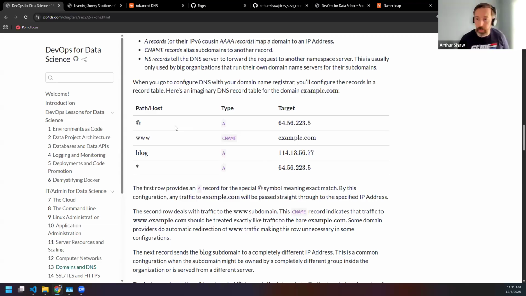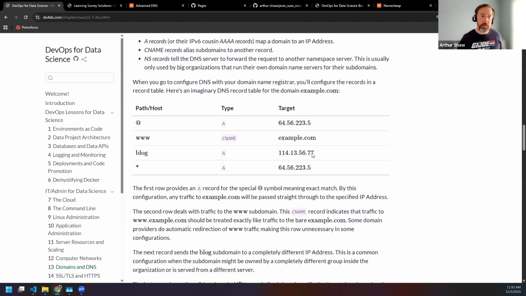So the way I thought I understood this, Diana, maybe I misunderstood, is that you have example.com, and if people come in just on example.com or www.example.com, they'll go to this IP address, which imagine is server one. And if they type in blog, it would route them to exactly this IP address, which would be another server.